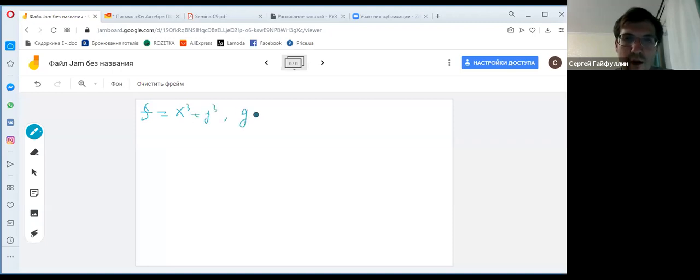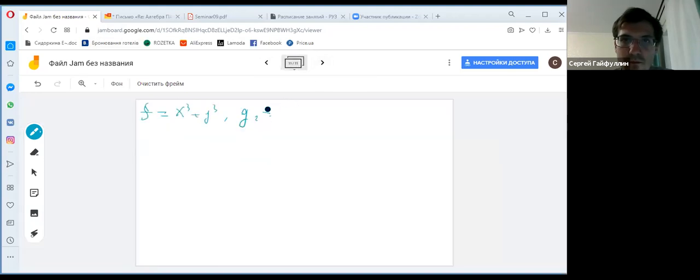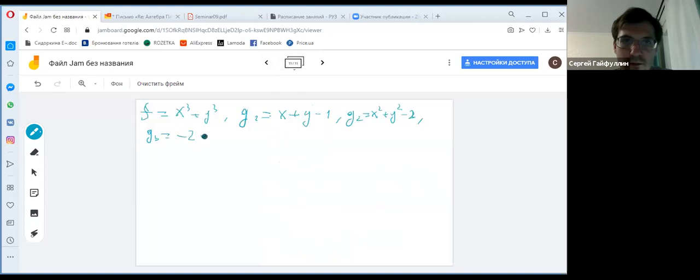We have g1, which is equal to x plus y minus 1. g2, which is equal to x squared plus y squared minus 2. And g3, which is equal to minus 2y squared plus 2y plus 1. Okay.